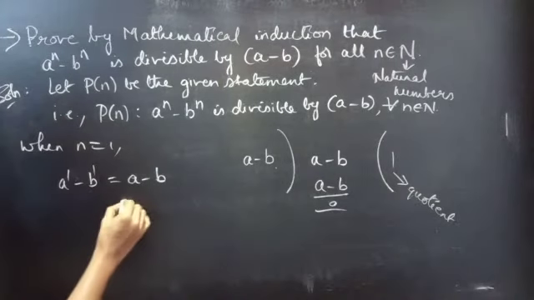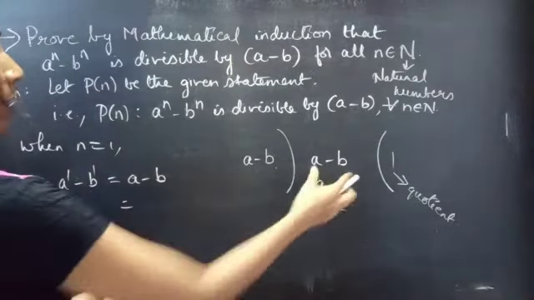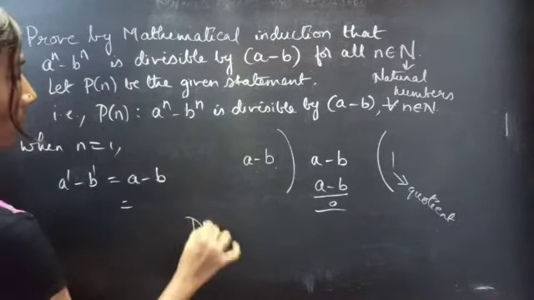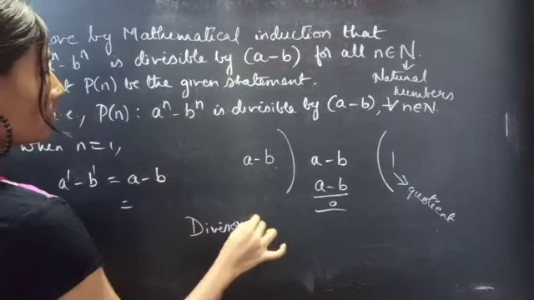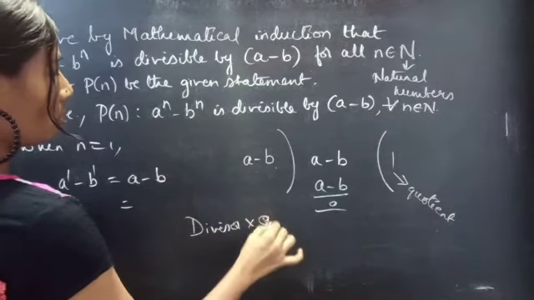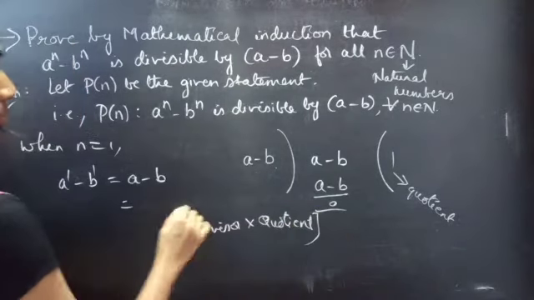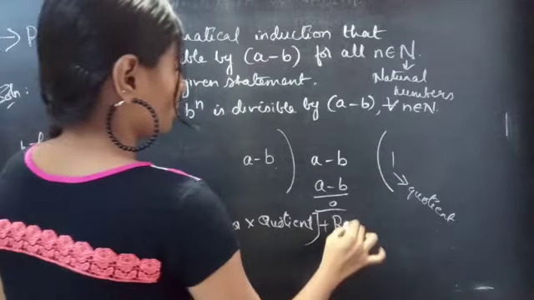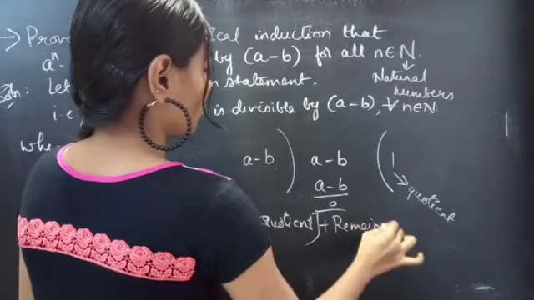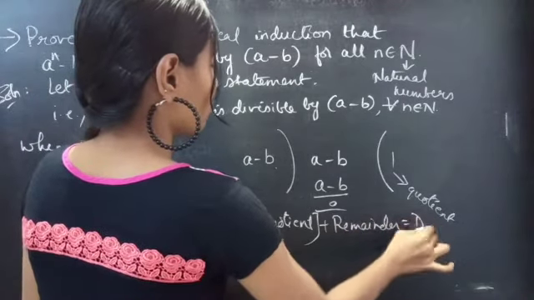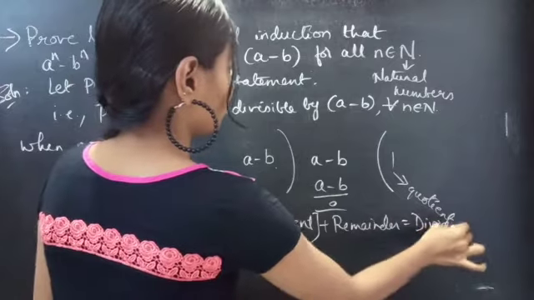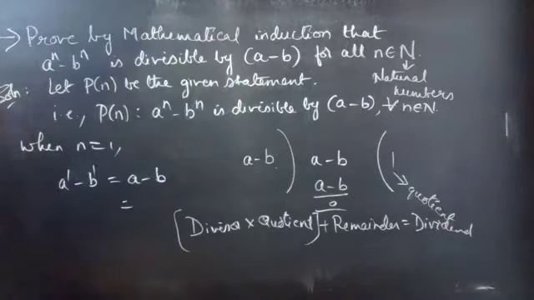So here, we know that divisor into quotient plus remainder gives dividend, right?